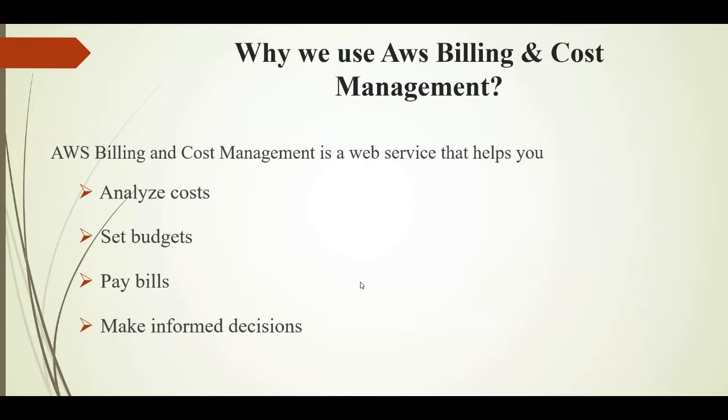And why do we use AWS billing and cost management? AWS billing and cost management is a web service that helps you to analyze the cost, set the budgets, pay bills, and make informed decisions. Analyze cost means to understand your cloud cost by breaking it down in detail.